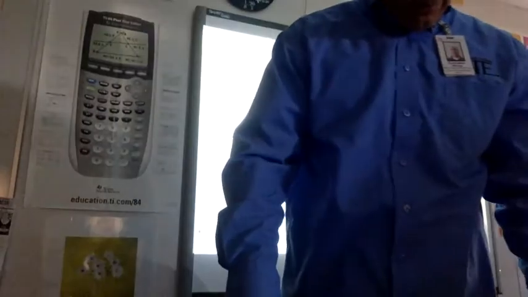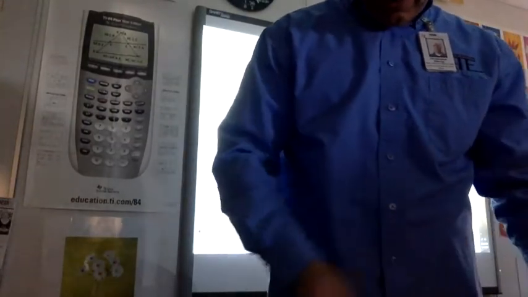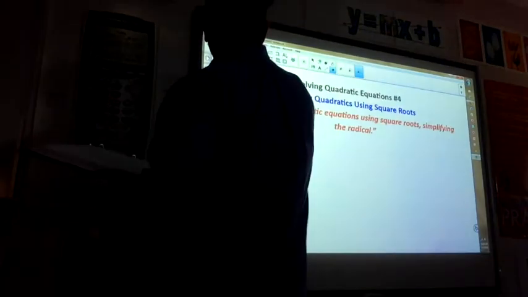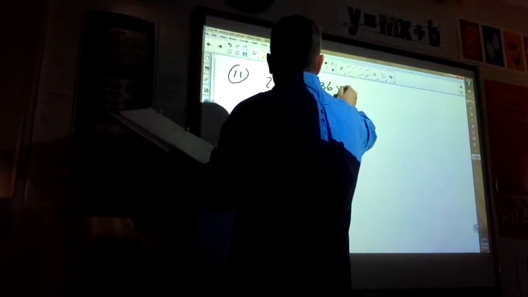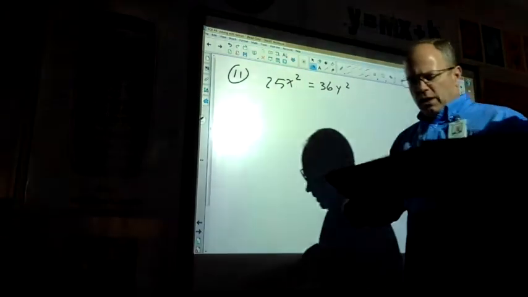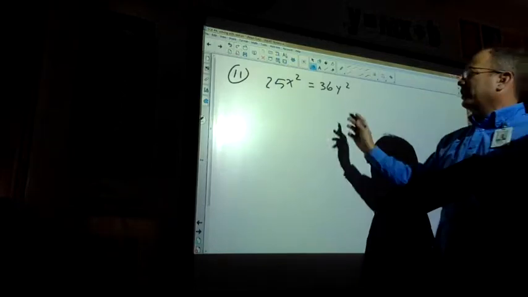All right. Was there any questions on last night's homework? Number 11. Take a look at that. So number 11, what's goofy about this is they want you to solve by factoring.